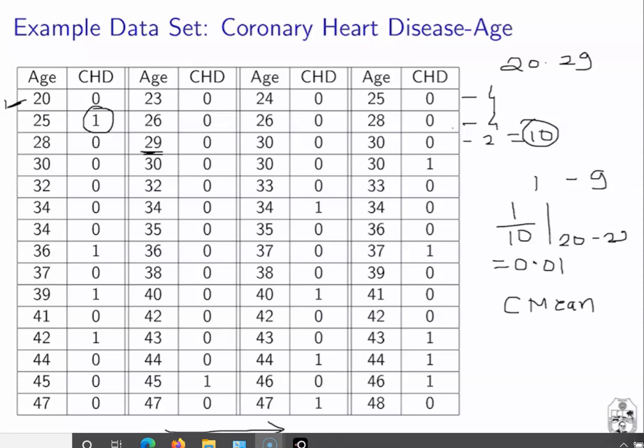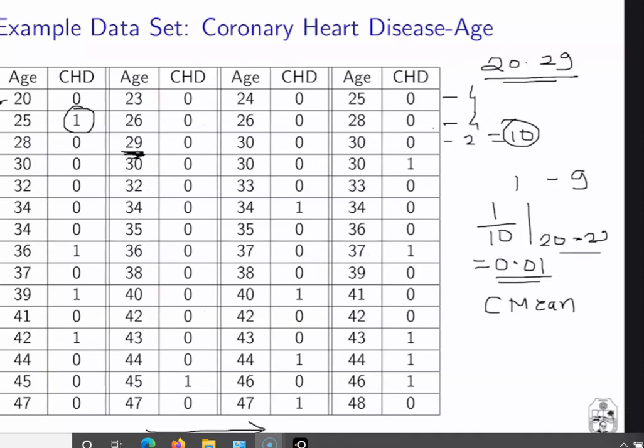In the age group between 20 to 29, there are 10 entries in our data set. There are four entries on the first row, four entries on the second row, and on the third row there are two entries, which fall in the age group 20 to 29. And out of these, only one person is suffering from CHD and nine persons are not suffering. So the probability of a person suffering with CHD in the age group 20 to 29 is how much?